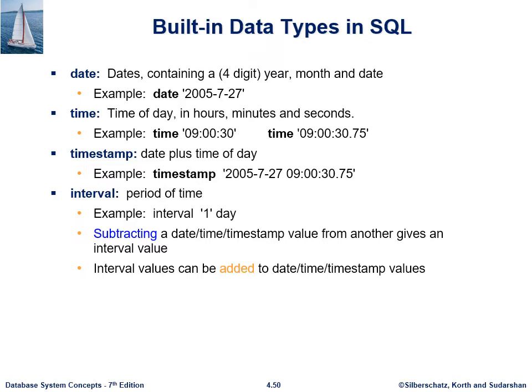So subtracting date, time, or timestamp values will result in an interval. Of course, you can also do addition. So add one on top of another one, and you get an interval as well, similarly based on the same type. Okay, this is the first batch of new built-in data types.